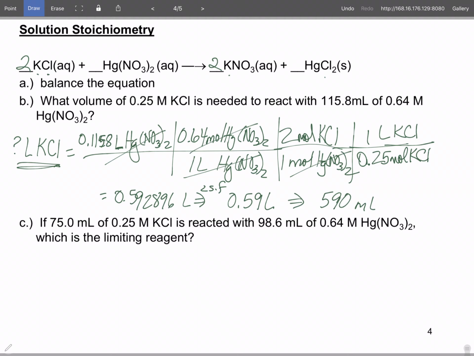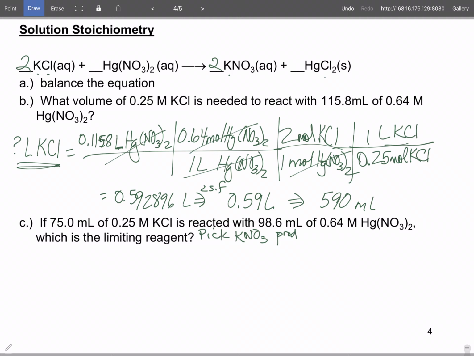So the next one is the limiting reagent problem. If 75 mL of 0.25 molar KCl is reacted with 9 mL, which is the limiting reagent? Okay, on this particular problem, I don't have a D part, so I'm not looking for a percent yield. Now, it doesn't mean I won't, but in this case, I don't, so I need to pick a product. All right, I'm going to pick, and it doesn't matter which one I pick, the first one, which is KNO3 as my product.